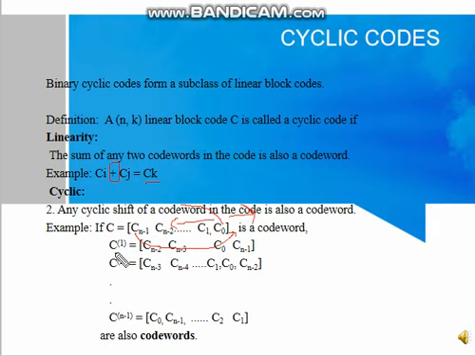Similarly, by shifting the bits present in C1 by one bit towards left in a cyclic manner will result in the code C2. So the code C2 is equal to Cn-3, Cn-4, up to C1, C0 and Cn-2. So in this way, by performing n-1 cyclic shifts, we get n-1 new code words which are cyclic in nature.